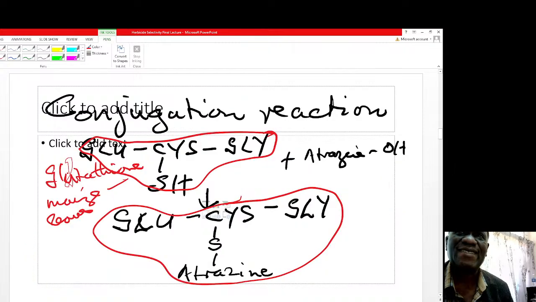Because of that reason, maize is not actually affected by atrazine, although we do have some breeding lines which could be affected by the atrazine.